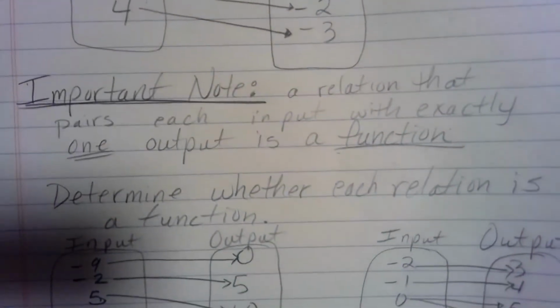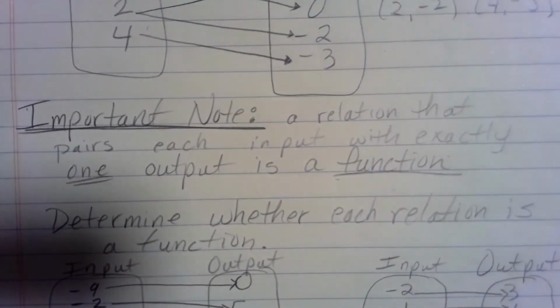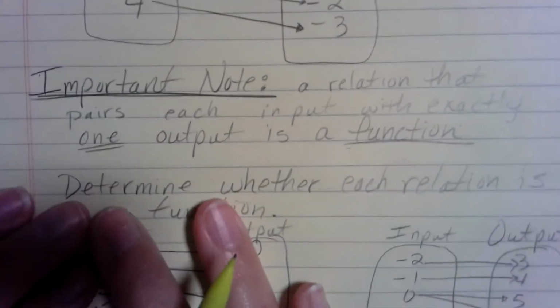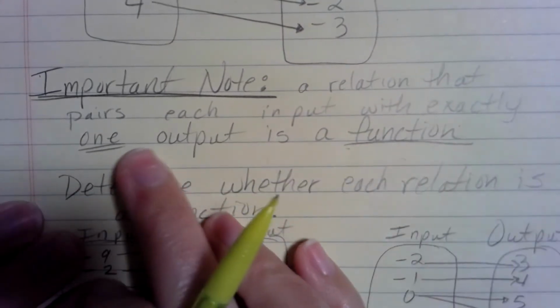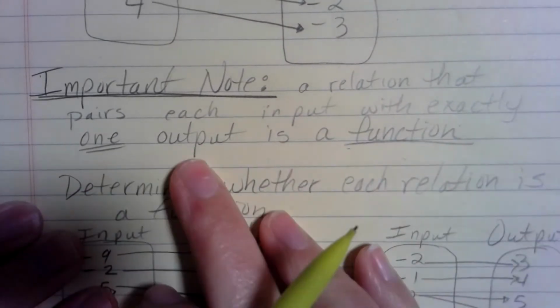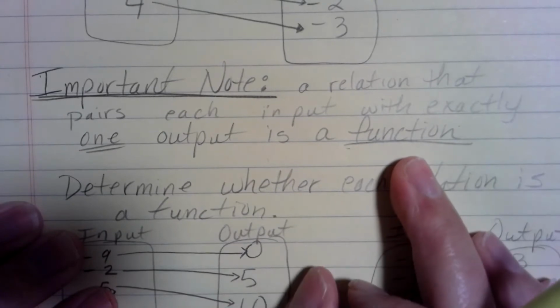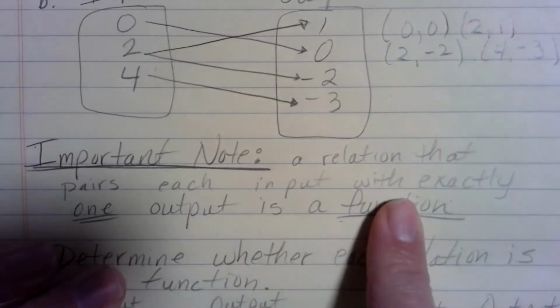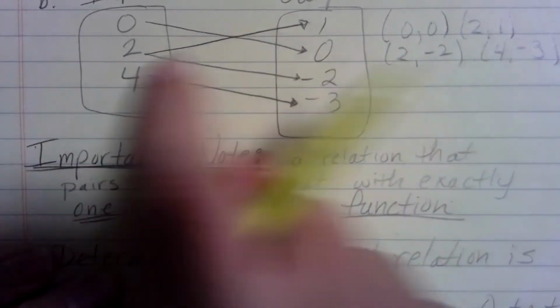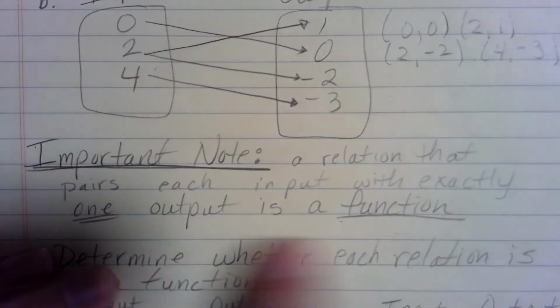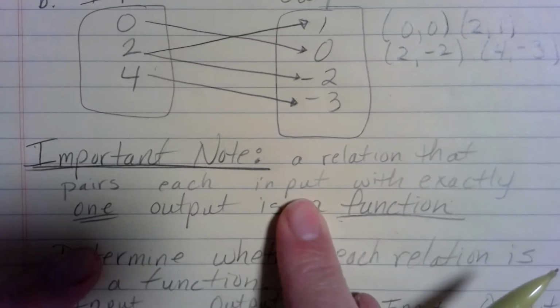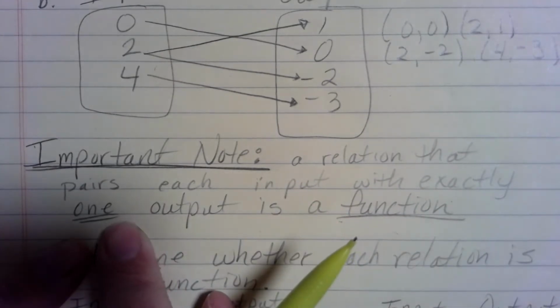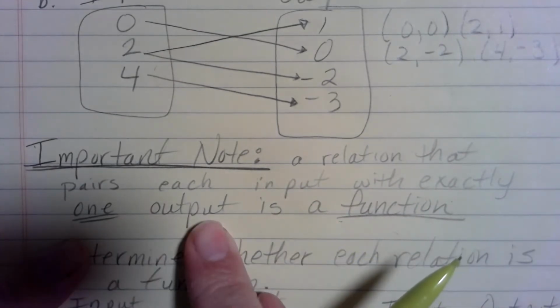Okay, so here is a very important note. Now that we've seen how the ordered pairs can be written using these diagrams, the relation that pairs each input with exactly one output is a function. So this is only a function if each input has exactly one output.